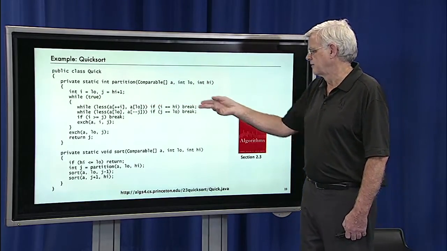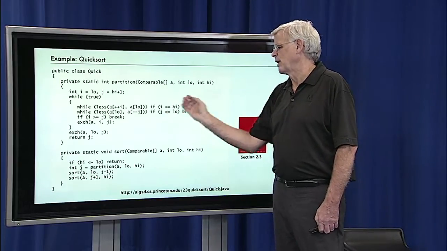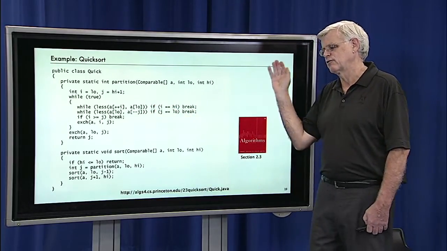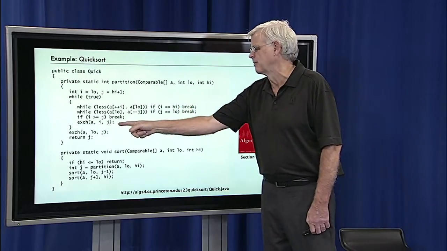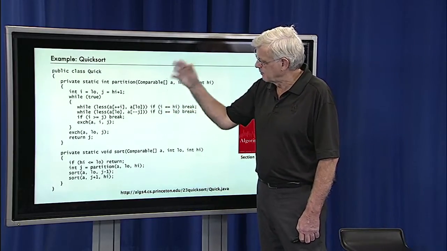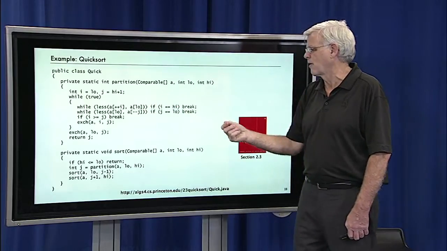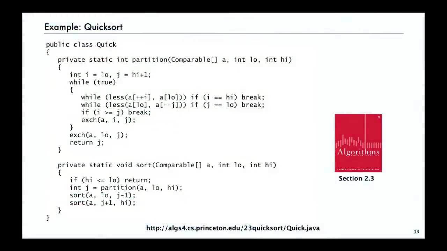And then scanning from the right, as long as we have bigger ones. If we find a small one on the right and a big one on the left, we exchange them. And then we keep going until those pointers cross, at which point we put the actual partitioning element into place. If you're not familiar with that, read about the details in Algorithms, 4th edition or on the book site. That's a quick review.